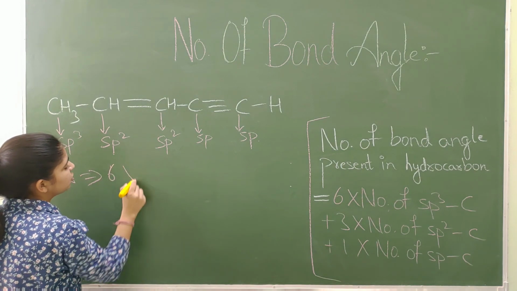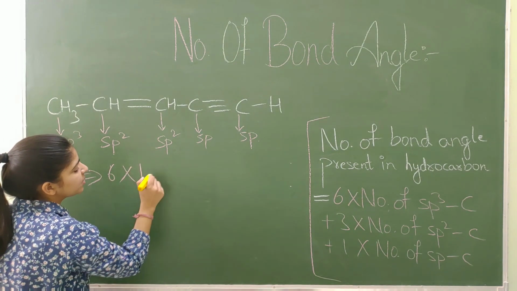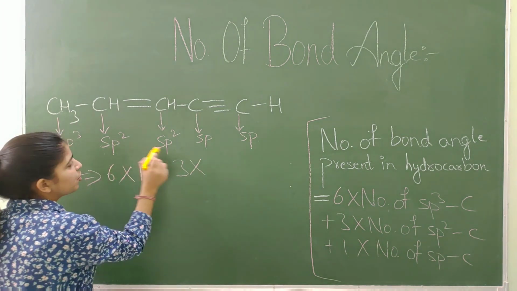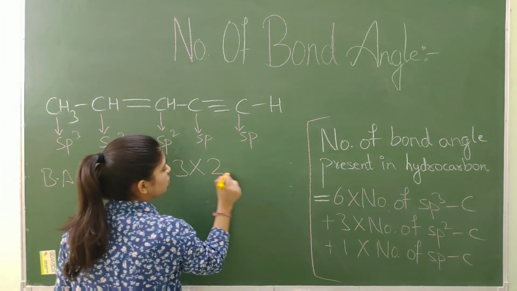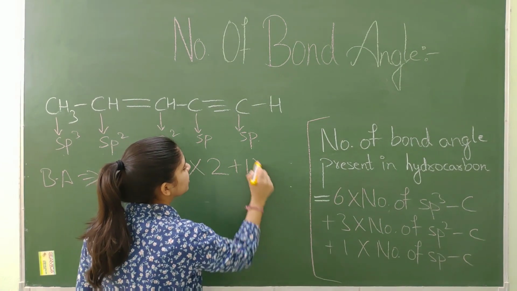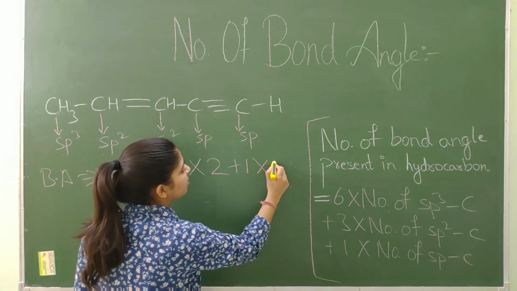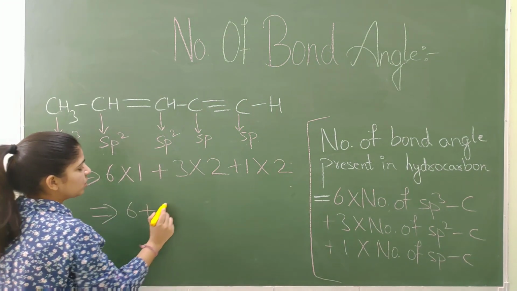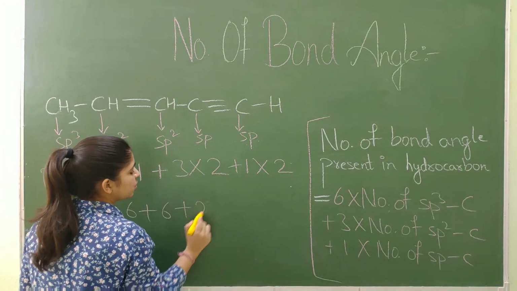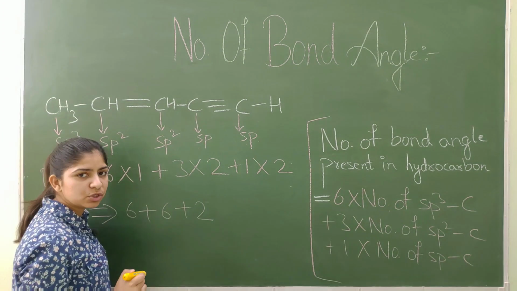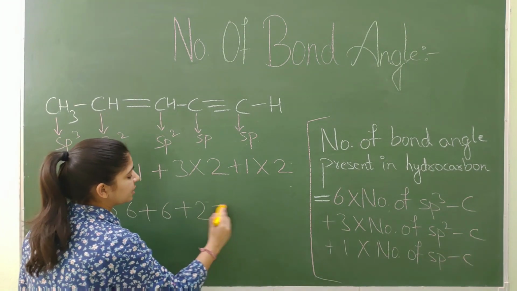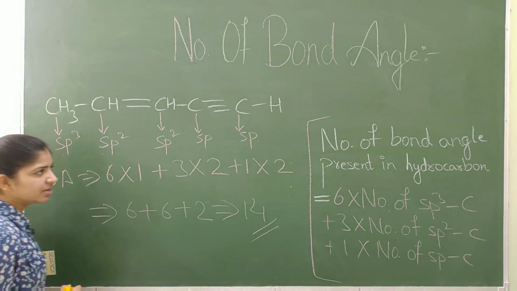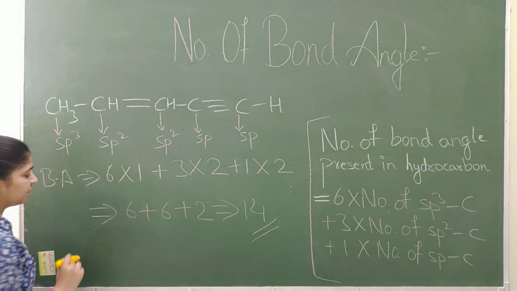So 6 into total number of sp3 carbon, plus 3 into total number of sp2 carbon, so 2, plus 1 into total number of sp carbon. Now 6 into 1 is 6, 3 into 2 is 6, 2 into 1 is 2, 6 plus 6 is 12, 12 plus 2 is 14. So we get 14 bond angles in this carbon chain.